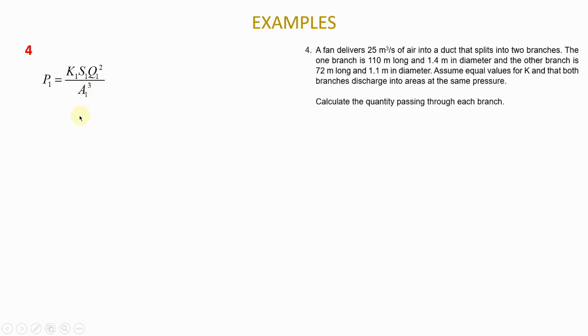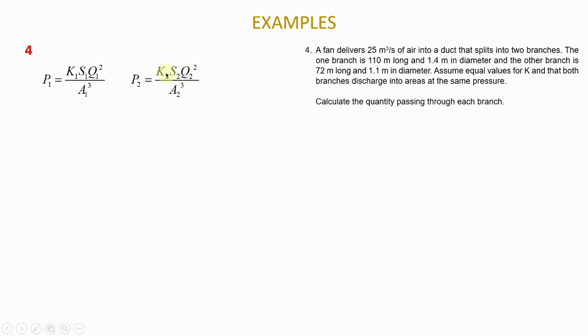This is just to say the pressure in the first branch is equal to K for the first branch multiplied by the rubbing surface area of the first branch multiplied by the flow rate squared in the first branch, divided by the cross-sectional area cubed of the first branch. And then we have a similar expression for the second branch: P2 = K2 S2 Q2 squared divided by A2 cubed.